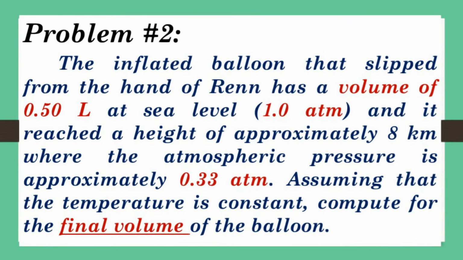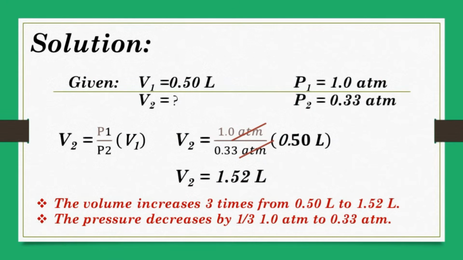0.50 liter is the initial volume or V1, 1.0 atmosphere is the initial pressure or P1, and 0.33 atmosphere is the final pressure or P2. The unknown is the final volume or V2. The equation for V2 is equal to P1 over P2 times V1. Let us substitute.